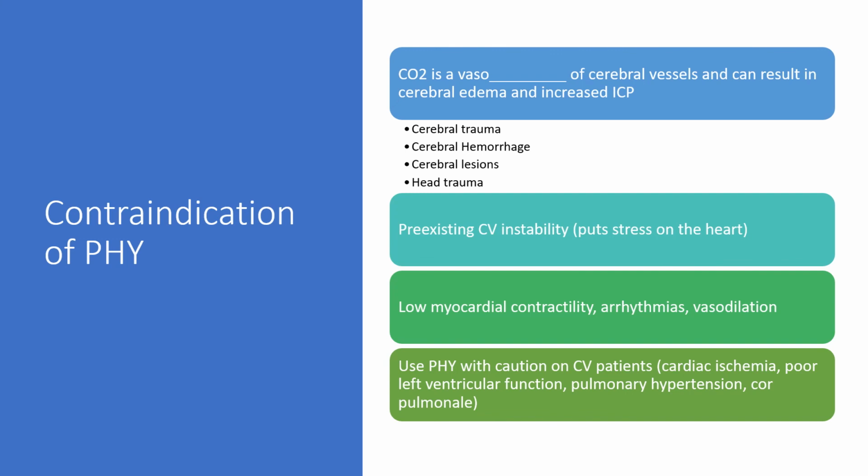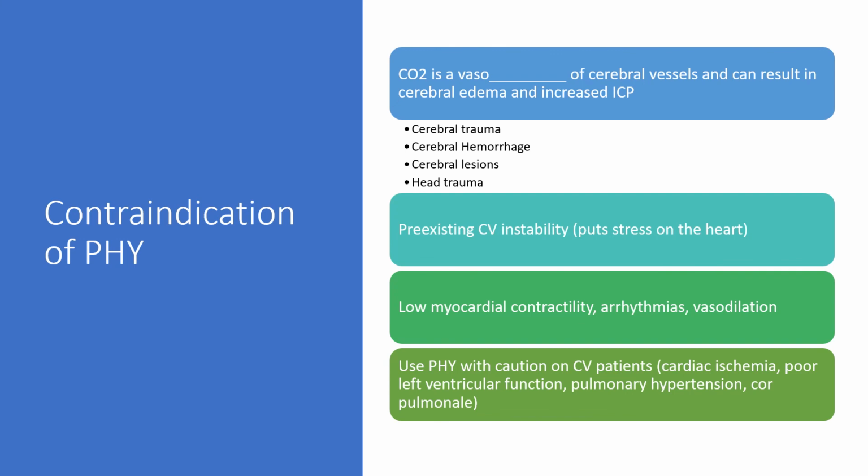If they have pre-existing cardiovascular instability, this might not be the best patient to put this on, because it tells the cardiac output, hey, you're not delivering as much oxygen, I need to increase the squeeze of the heart. Well, if the heart's already weak to begin with, how well is that going to work, right?